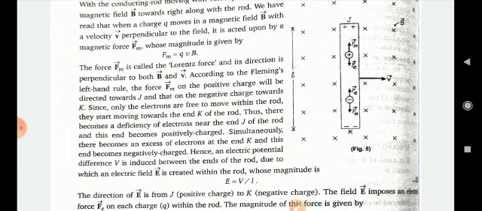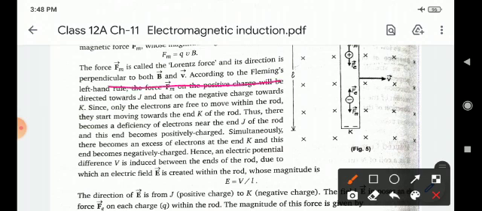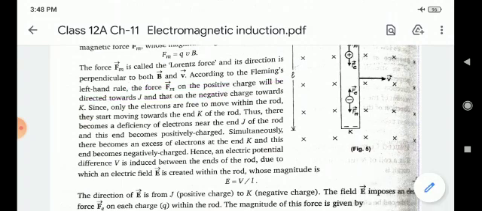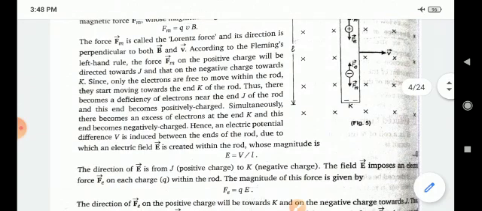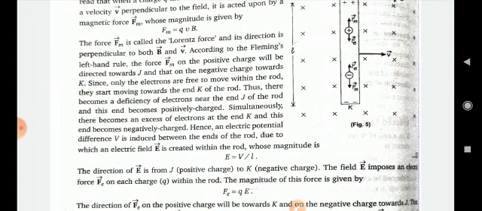According to Fleming's left hand rule, the force Fm on the positive charge will be directed towards J and that on the negative charge towards K. Since only the electrons are free to move within the rod, they start moving towards the end K of the rod.